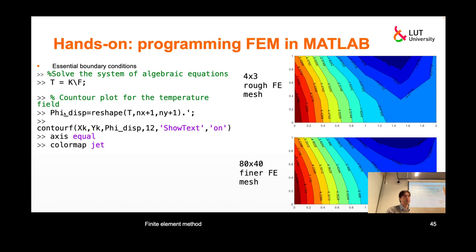I reshape this column of found nodal values into a matrix with dimensions matching the dimensions of those coordinate vectors. Then MATLAB is able to show me this contour plot, so I can see a position, and colors identify the value of temperature at a specific position.